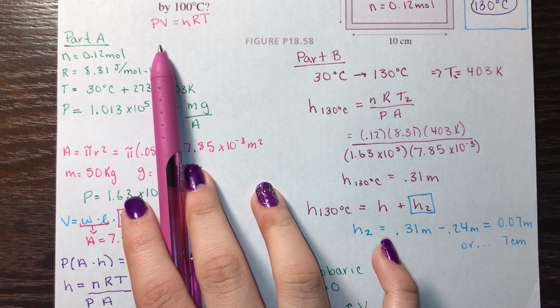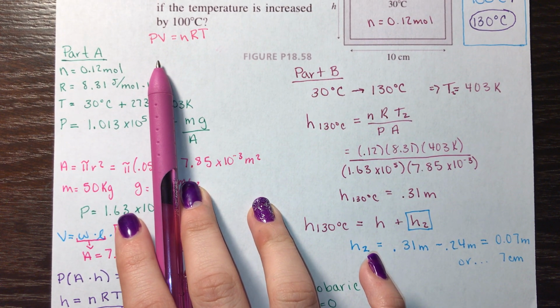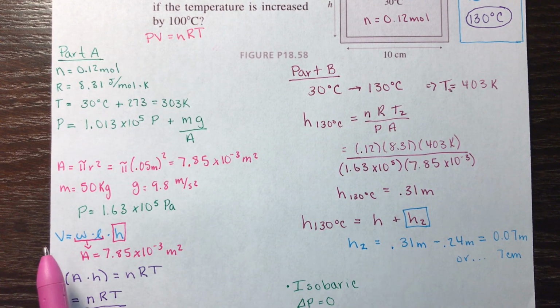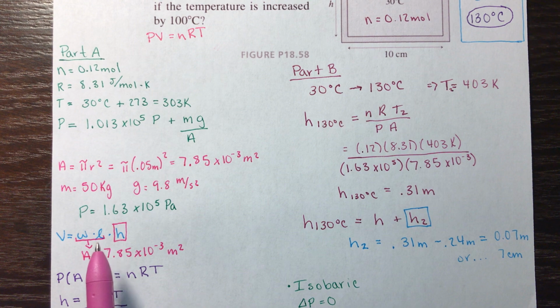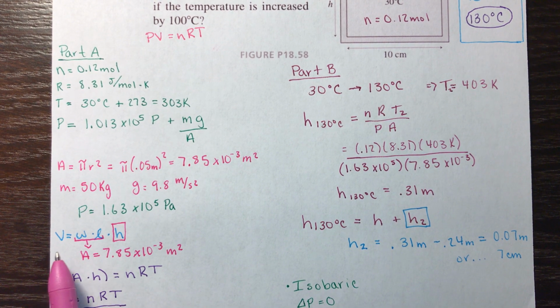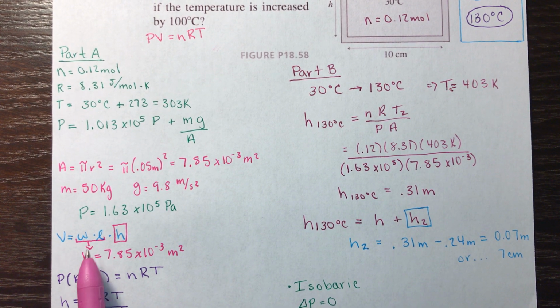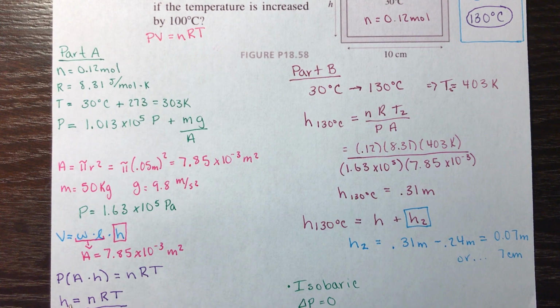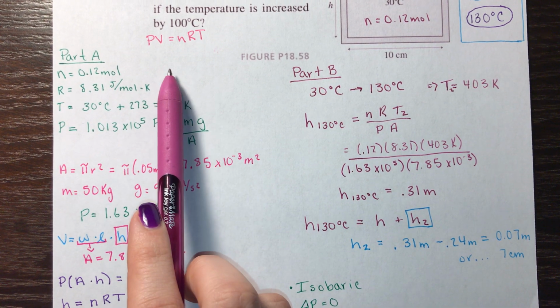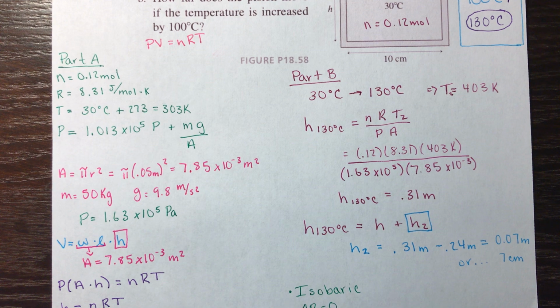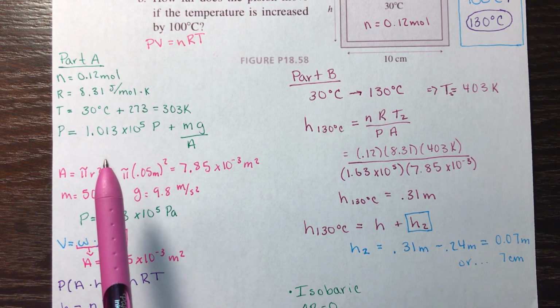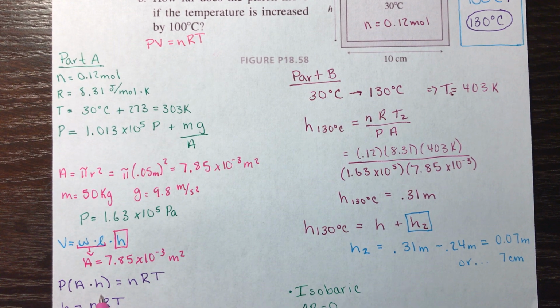Next, we're going to be looking at the volume, and the volume is what's going to help us find the height, because we know that the volume is width times length times height, and width times length is the area, so we're just going to plug it into our equation as area times height.